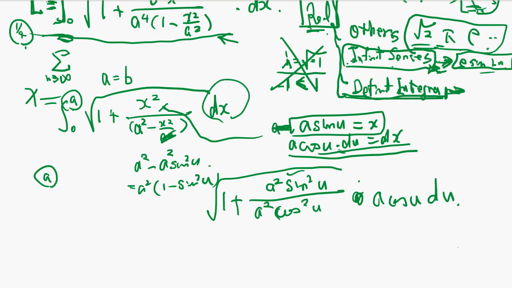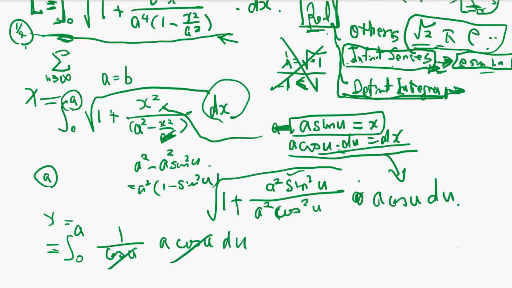Don't forget this one. Okay, yeah, that's correct. So it's going to be 0 to a, but a is x. This is 1 minus tangent, so it's going to be 1 over cos u and a cos u du. Okay, that's correct. Now when you get a, u has to be pi over 2, right?